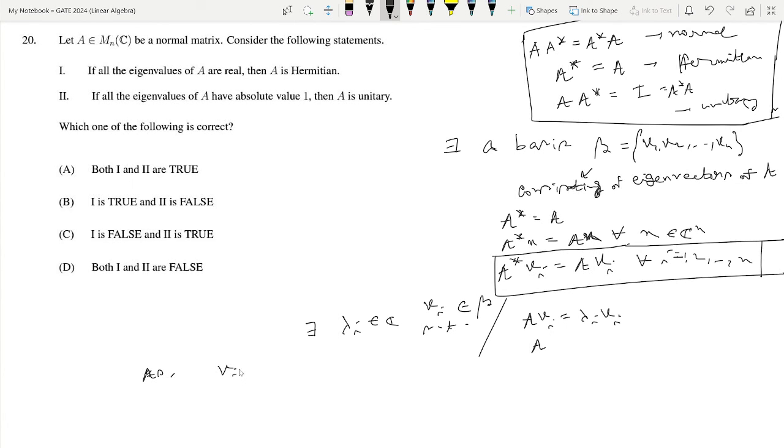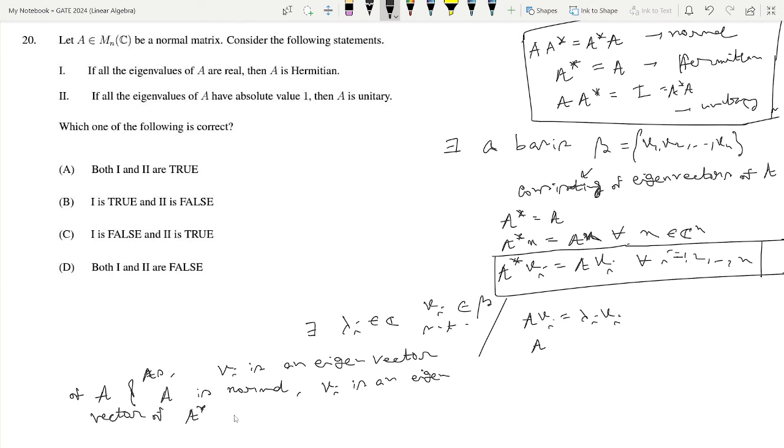As Vi is an eigenvector of A and A is normal, we have Vi is an eigenvector of A star.